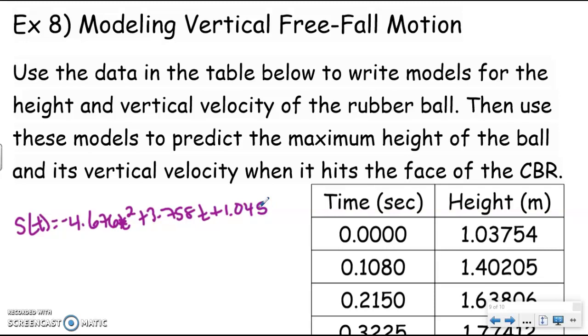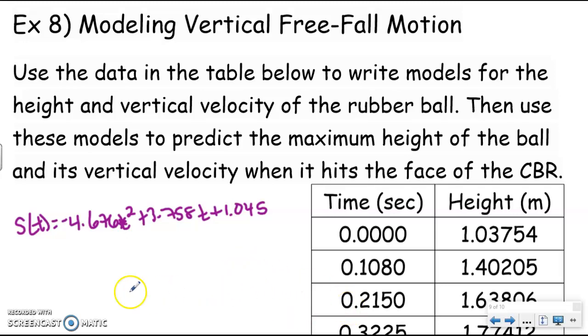When we do this, we took half of the g, which is our acceleration due to gravity. So if I double that 4.676, I get 9.35, okay, which is pretty close.